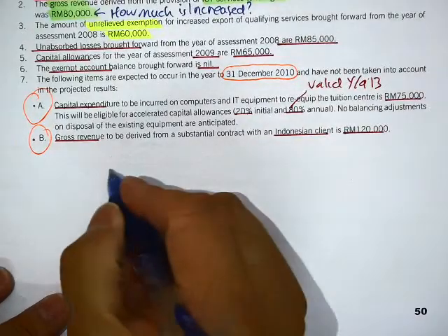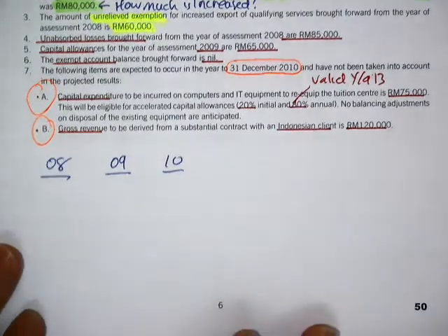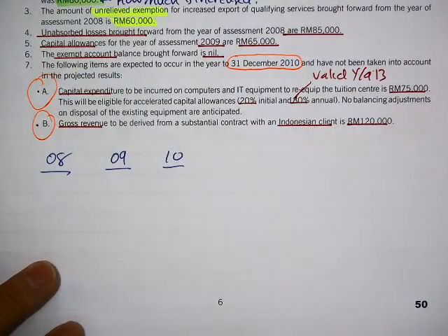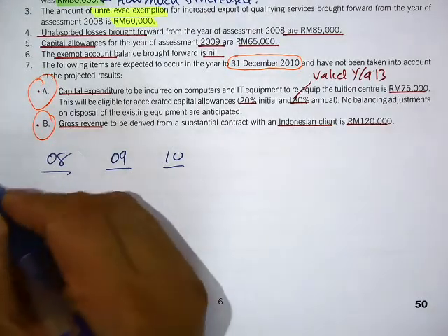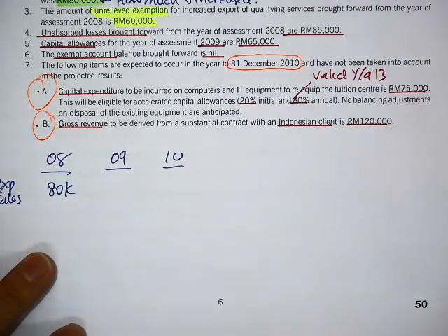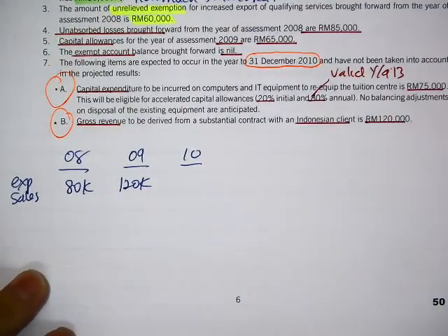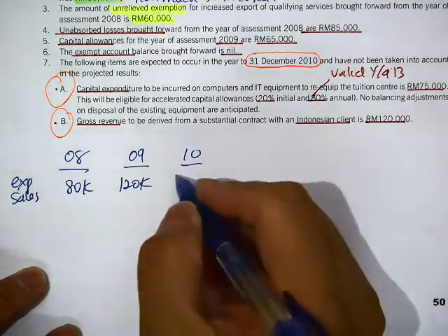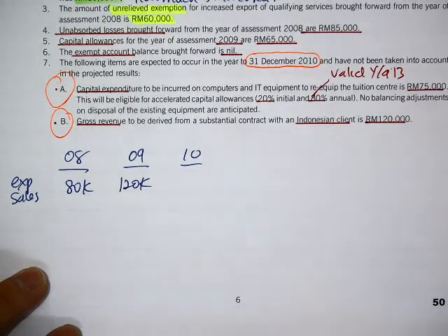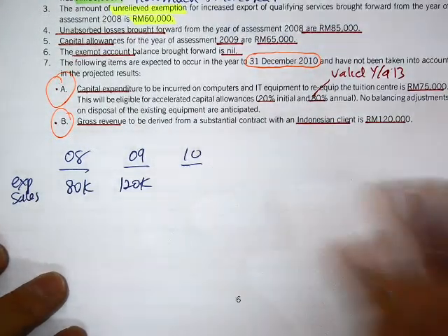Okay, 09, 08, and 10. Let's do a very simple illustrative figure. 08, you tell me the export sales was 80,000. 09, you tell me export sales is 120. Now, right now, I don't know what the sales for 2010 will be. What if your 2010 sales didn't go up?